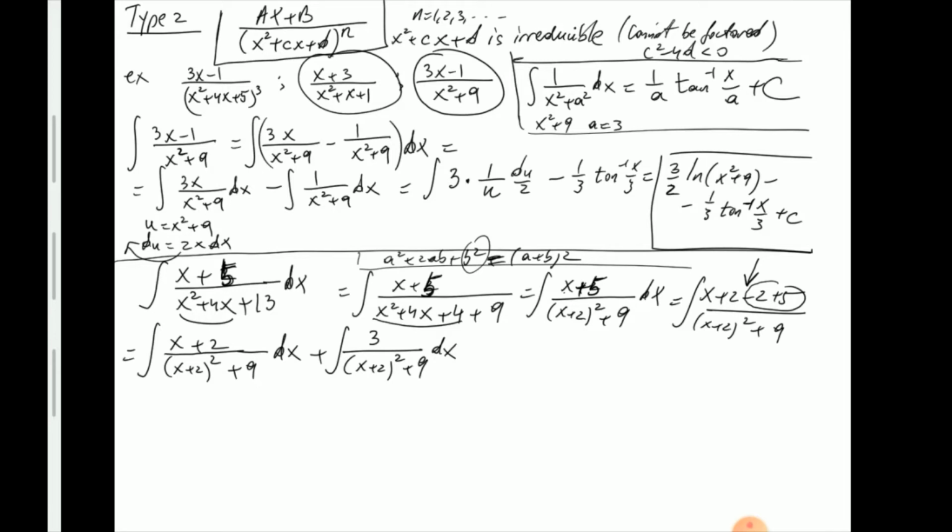So for example, the first integral becomes, the substitution that works there is going to be u equals x plus 2. Actually, sorry, not u equals x plus 2. U equals the whole thing. U equals (x plus 2) squared plus 9.